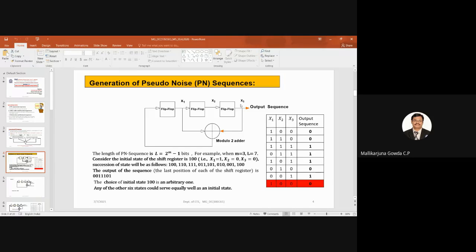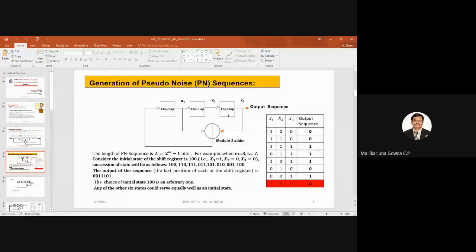Here I have taken the output of flip-flop 1 and the output of flip-flop 3, that is X1 and X3, and I am doing the modulo 2 operation, the XOR operation. The XOR output will be given as input to the first flip-flop. This is how the loop works. Now let us understand how this circuit generates the output sequence, that is the PN sequence.